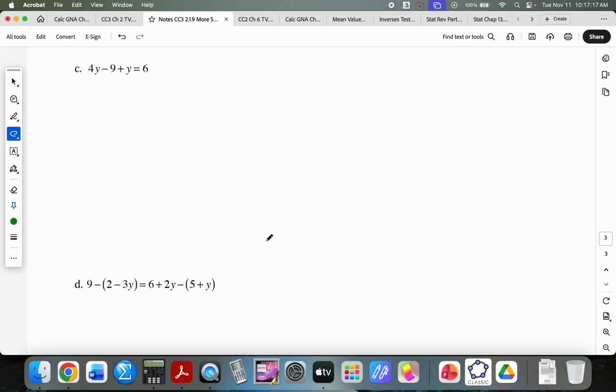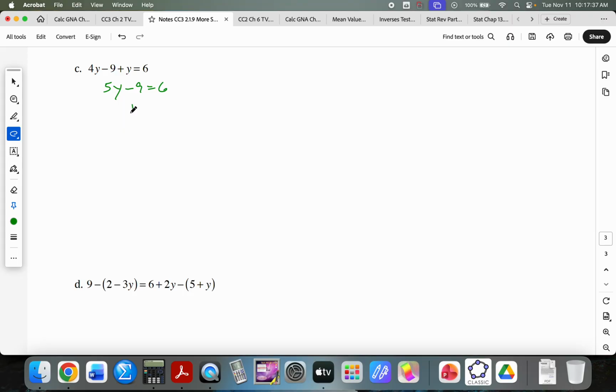All right, let's try this one. Cadence, what should I do first? 4y plus 5 would give me 5y. Yeah, so I've got 5y minus 9 is equal to 6. Alexander, what next? You can do +9 on this side.